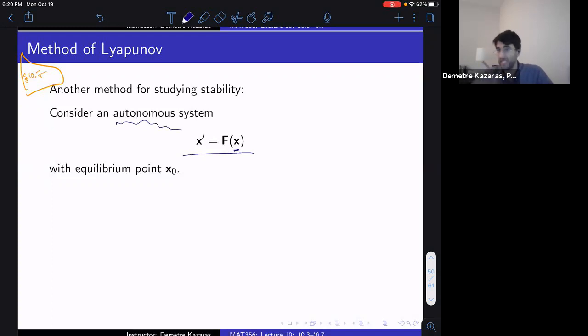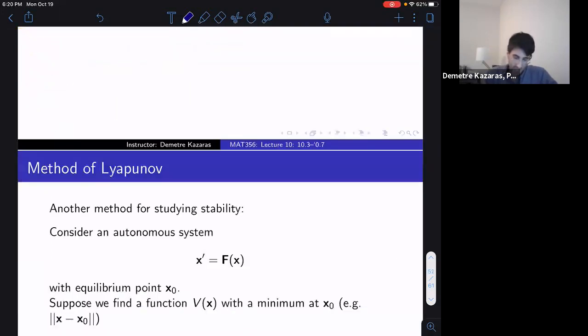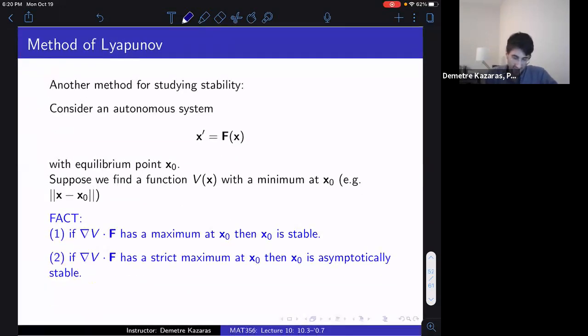There are no t functions floating around in the right-hand side. It just depends on x. So for instance, that last equation was also autonomous because it only depended on the velocity and the position. Okay, but anyway, so suppose you have an equilibrium point of the system. Here is something you can do.